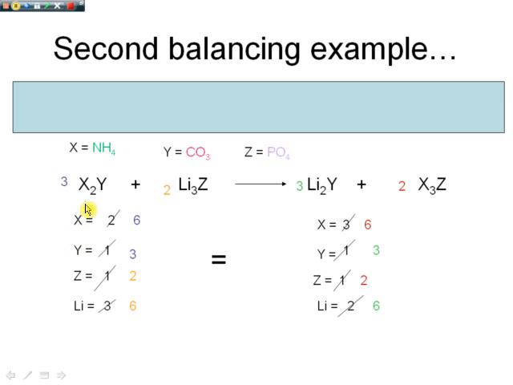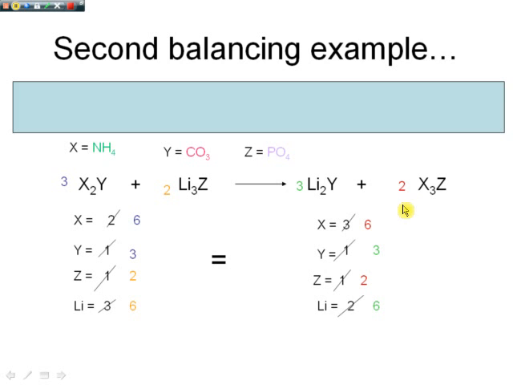On the left-hand side of the equation, I'm going to put a 3 in front of X2Y, which gives me 6 X's and 3 Y's. So all of my numbers are the same, left and right, on both sides of the equation. So my equation now is balanced. 3X2Y plus 2Li3Z react to produce 3Li2Y plus 2X3Z.